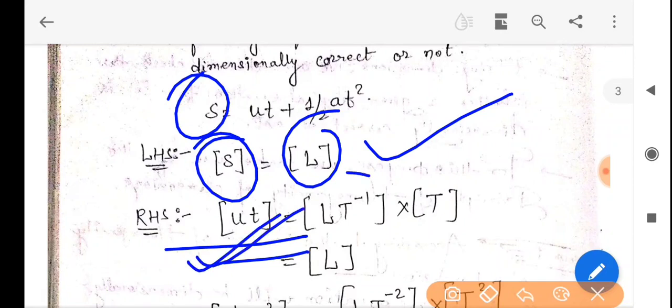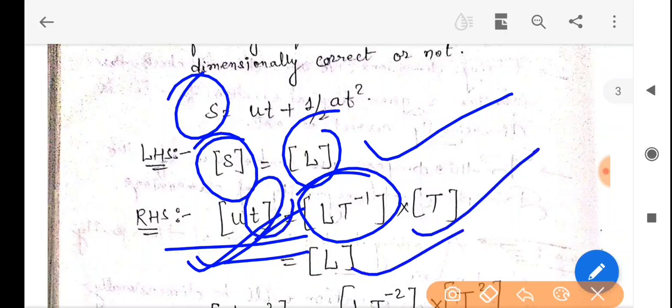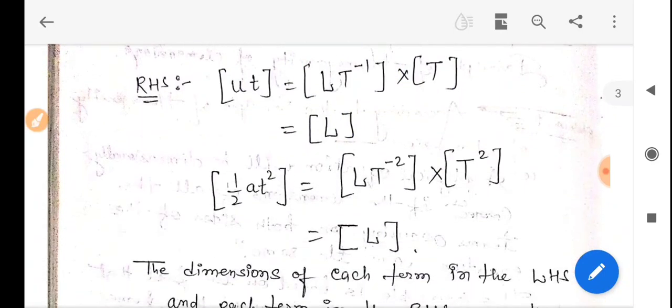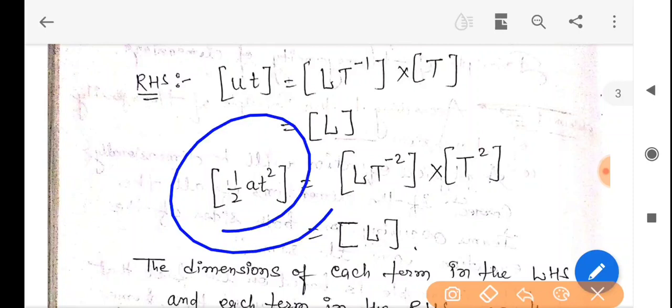We will check the dimension of ut. u means velocity, so L T to the power minus 1, and t is time, so multiplying by T gives L. Further, the second term of the RHS, half at square. Half is a constant, dimensionless.